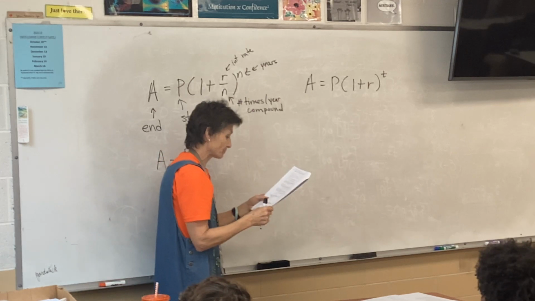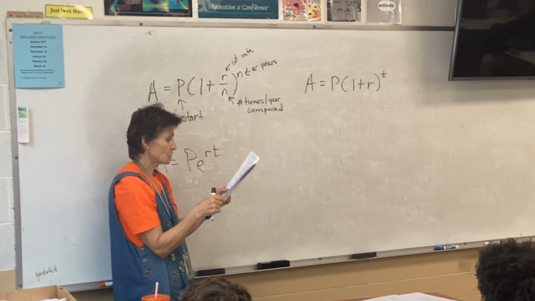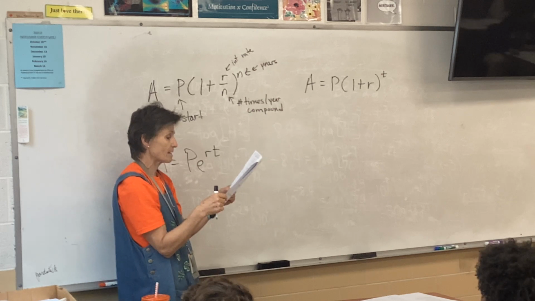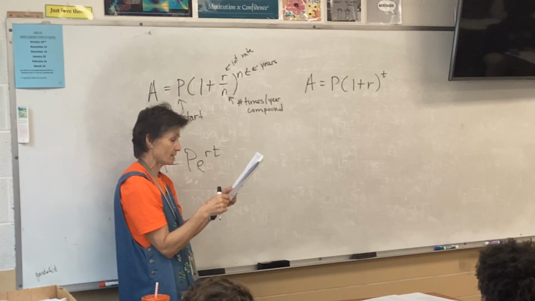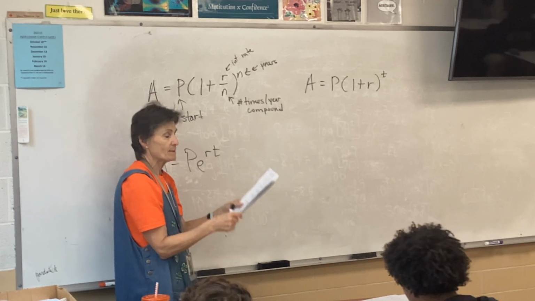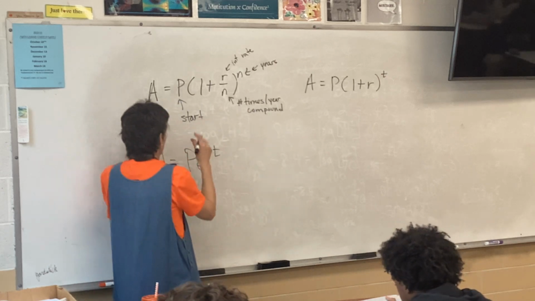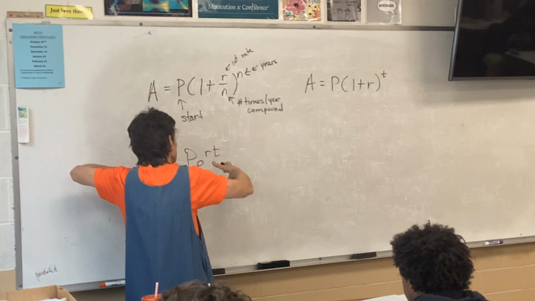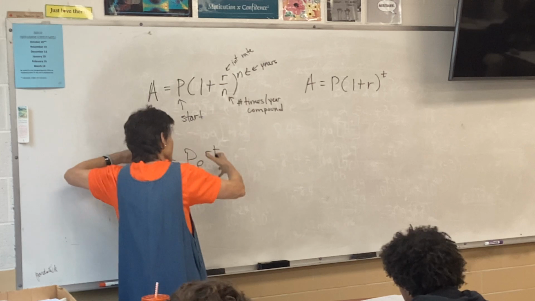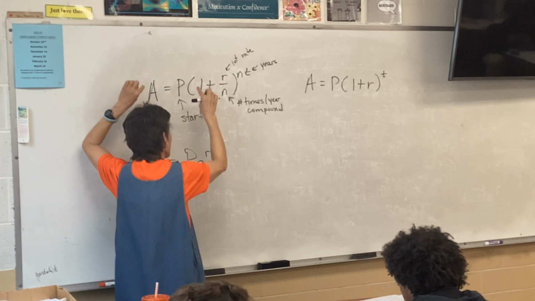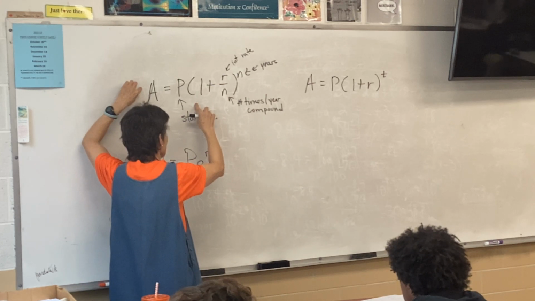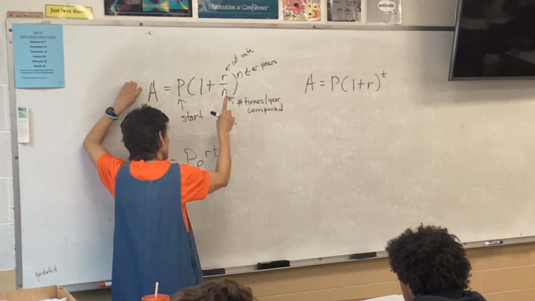Number 1, suppose she invests $500 at 7% interest compounded annually. Find the investment 10 years later. So I'm focusing all my energy on these two formulas. These are the ones I have to memorize. So compounded annually means 1 time a year.